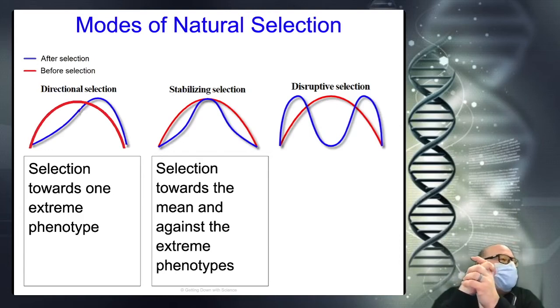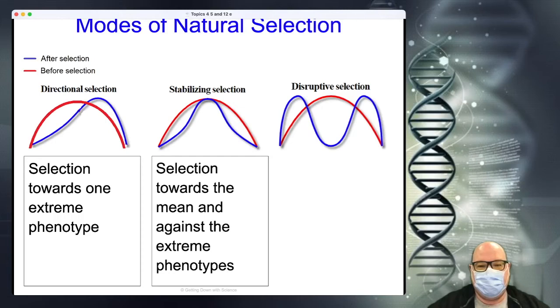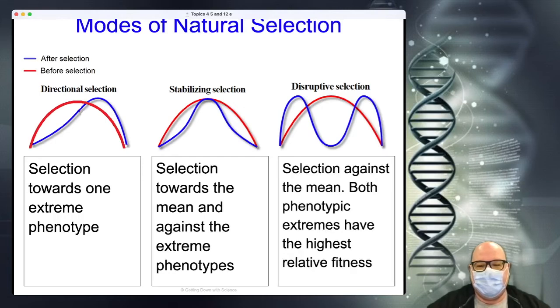That's called stabilizing. And disruptive is the opposite, okay? You get 2 new extremes.